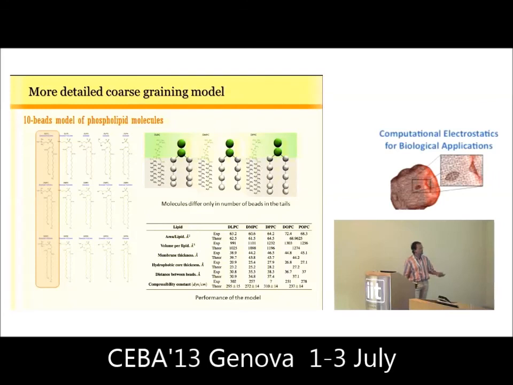And we continue to do this work. We improved the 10-bit models, and we have many lipids which have very similar structure, for example differing only in the length of the tail. So we just have one set of parameters to represent all these lipids, and we see the performance can be quite good, for example for volume per lipid, area per lipid, membrane thickness, and compressibility.